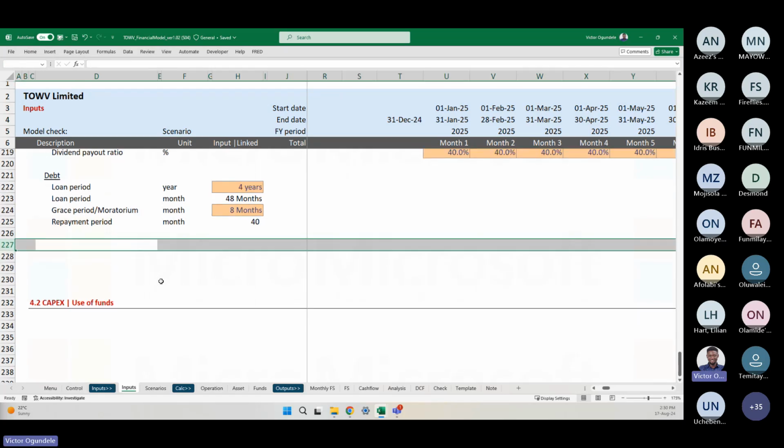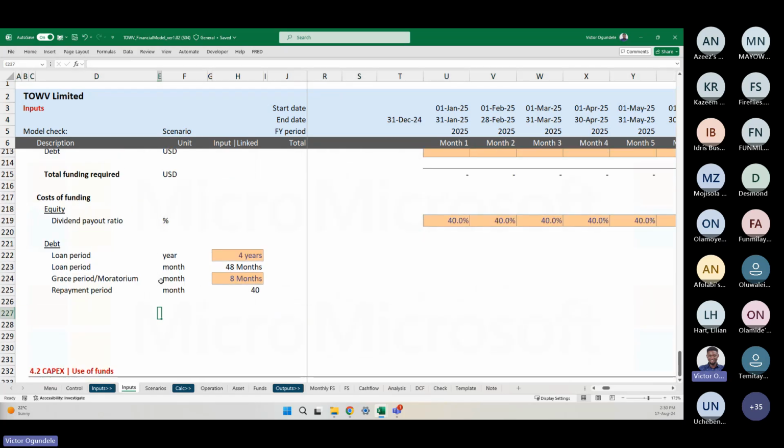All right. Then let's have our interest expense. I'm not sure what the interest on business loans is in the typical US market.